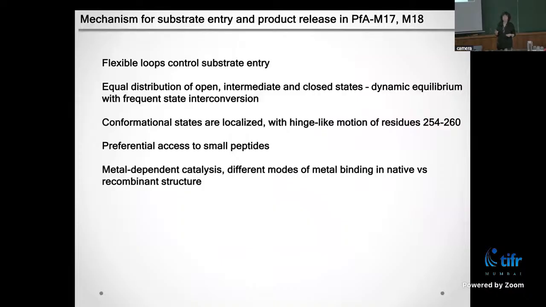Okay, so in the interest of time, I'm not going through the M18, where we are seeing, again, a similar kind of substrate association control by the presence of, yes, with symmetry. 3.4. Distance. Yes.